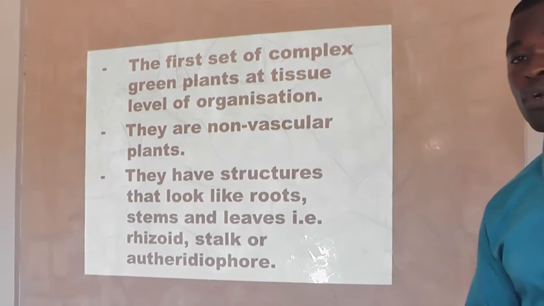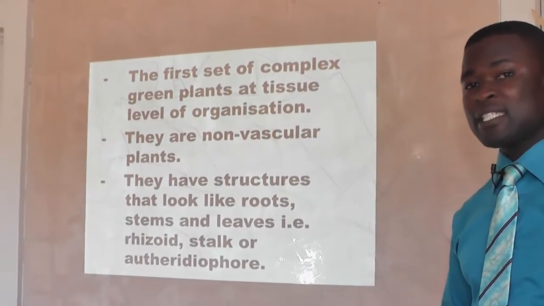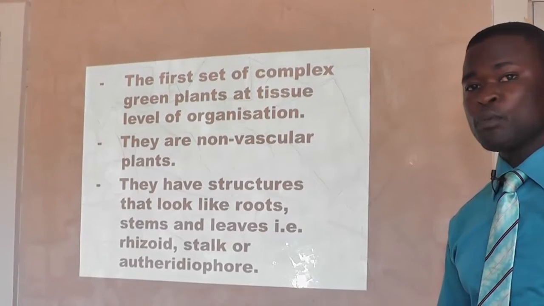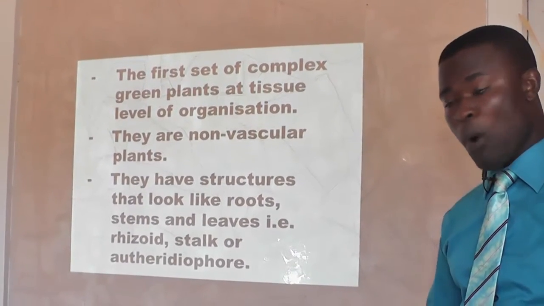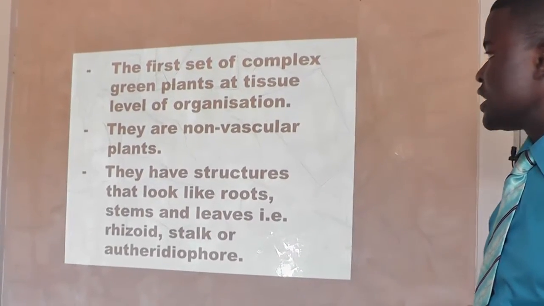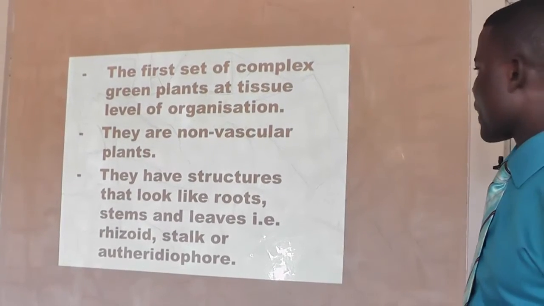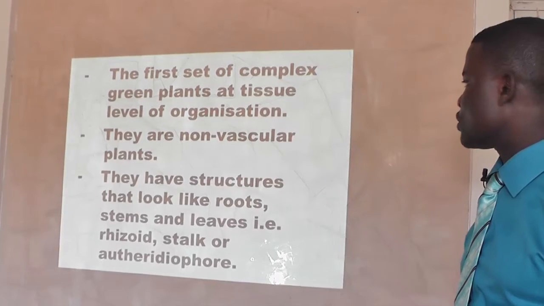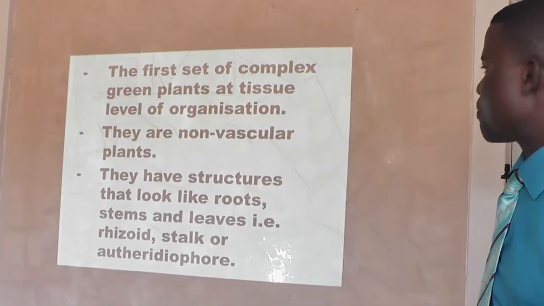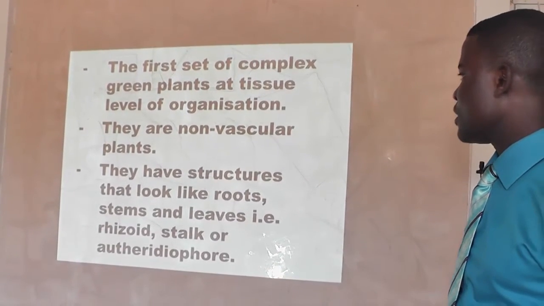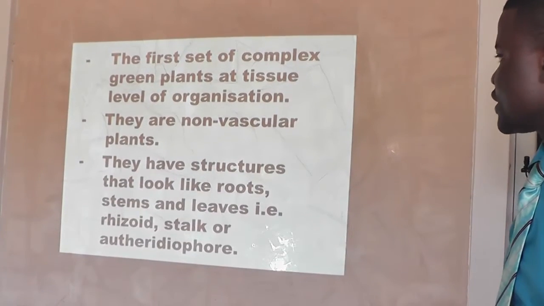The previous ones we have seen exist at the cellular level, even though some of them are multicellular while some are unicellular. But this particular phylum, BRYOPHYTA, welcomes us into the first group of green plants that exist at the tissue level of organization.